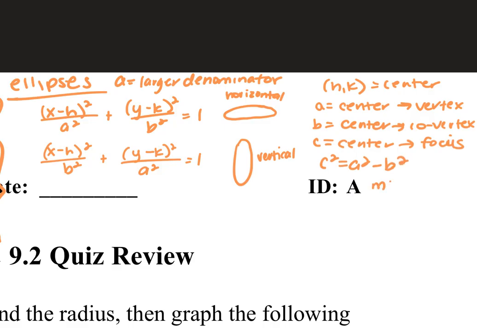Your major axis equals 2a. Your minor axis equals 2b. So we need to know all that stuff for the ellipses.